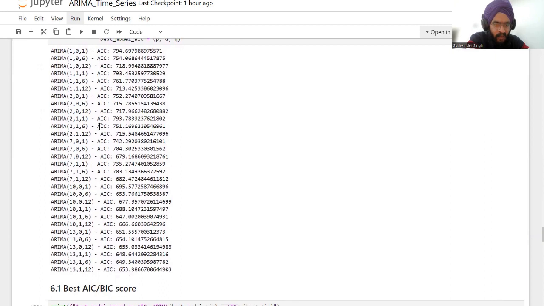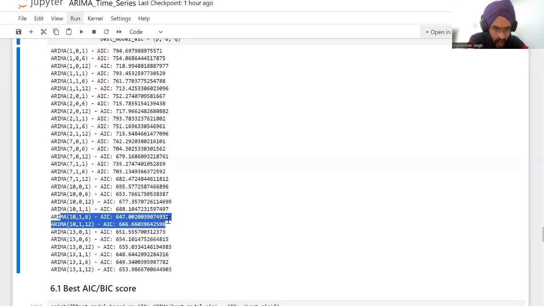So here you can see we have 679, then 677, then 647, and I think this one is the least value. Yeah, this is 649. So ARIMA 10,1,6, where 10 is autoregression, 1 is differencing, and 6 is moving average, is the best model.